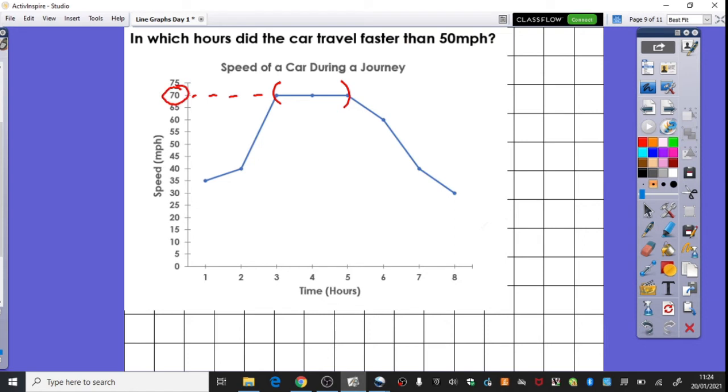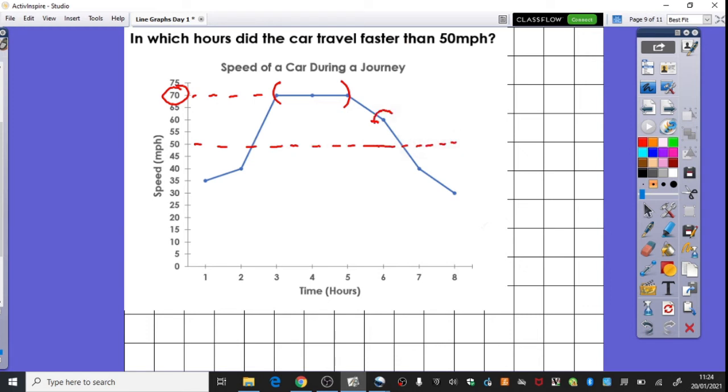Now the question says, which hours did the car travel faster than 50 miles an hour? So I found where it was travelling the fastest. Now, whereabouts is 50 miles an hour? 50 miles an hour is roughly here.